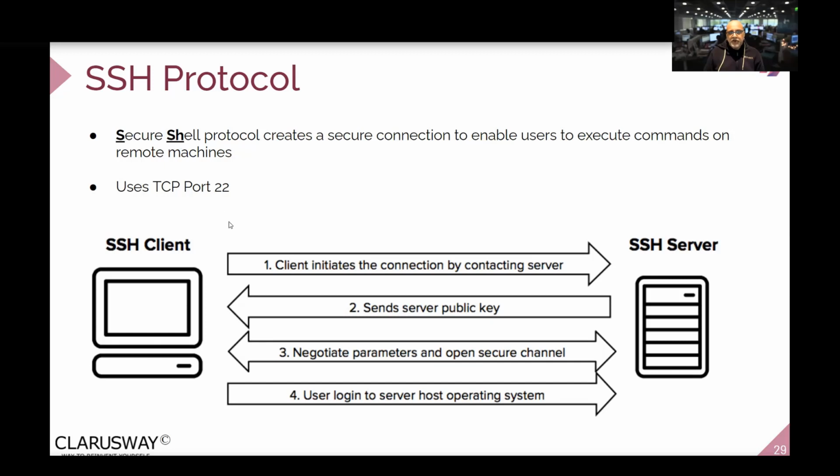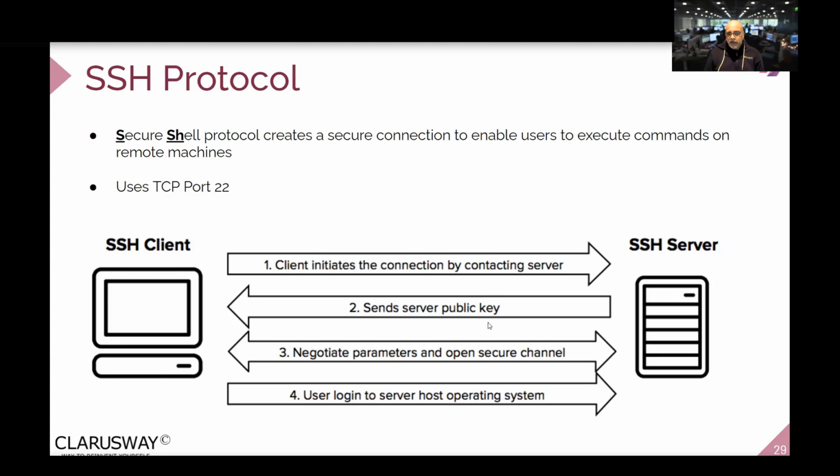And Secure Shell creates a secure connection between remote machines. You can see here a diagram illustrating some of what the protocol defines. So the client is going to initiate a connection by contacting the server. And then to do the encryption, we use what's called a public-private key pair, which we don't have to worry about right now.